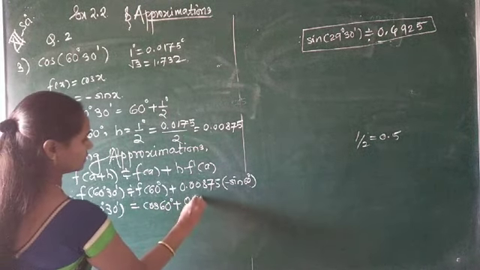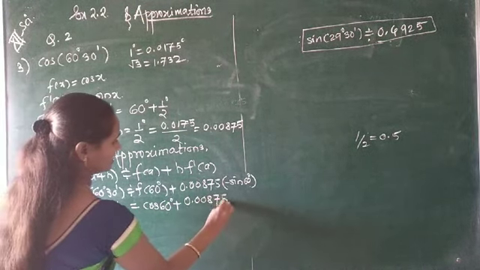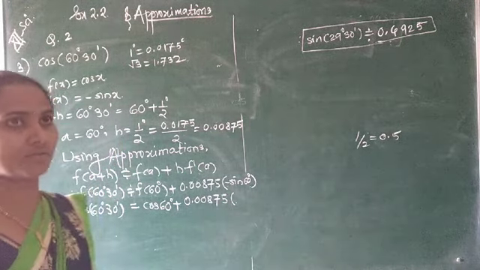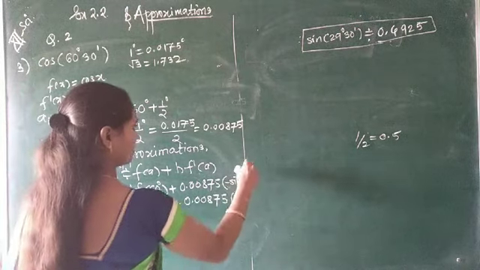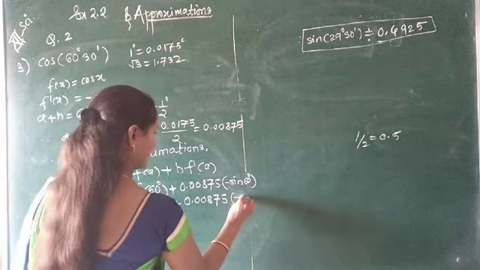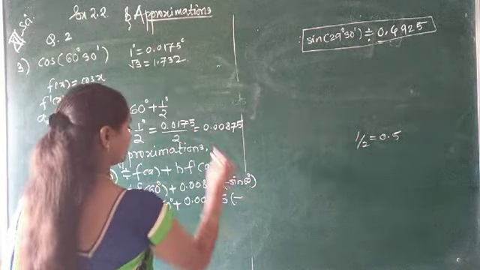f of 60, that is cos 60, plus 0.00875 again as it is. Now minus sin 60. Now sin 60 is root 3 by 2, but here it is minus, and you know the value of root 3, that is minus sin 60, root 3 upon 2.